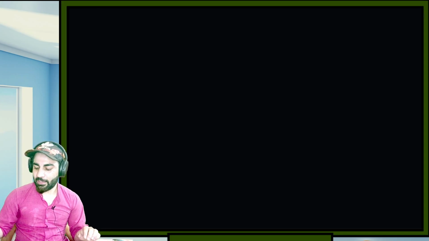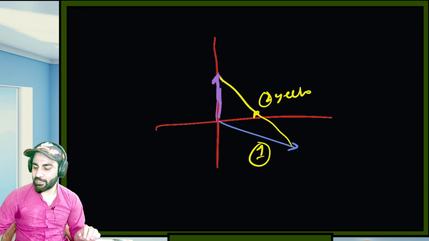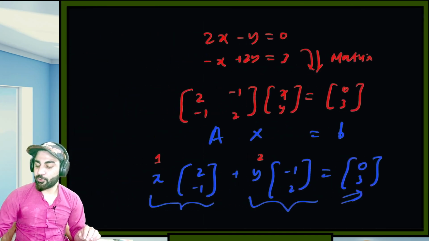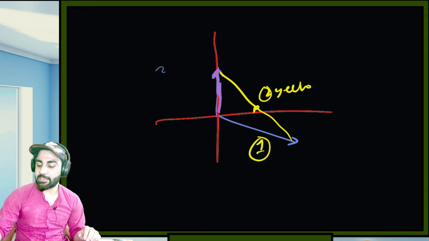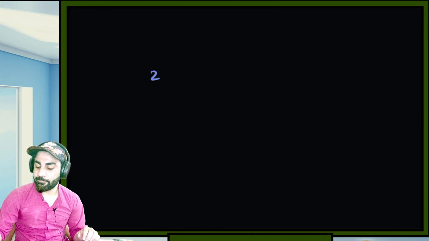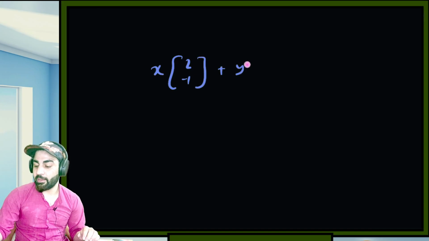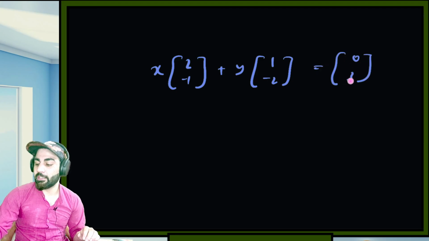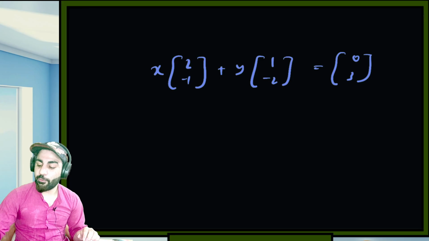Now, less of code, I'll show you more things in written form. So the equation that you saw over here is this. You had x multiplied by (2, -1), and then plus y times (1, -2), and you had to get to (0, 3). Basically, what I want is to take some combination. This combination is called a linear combination.